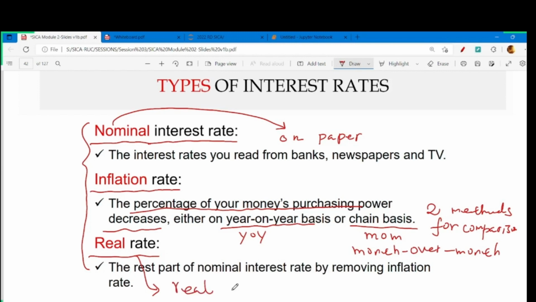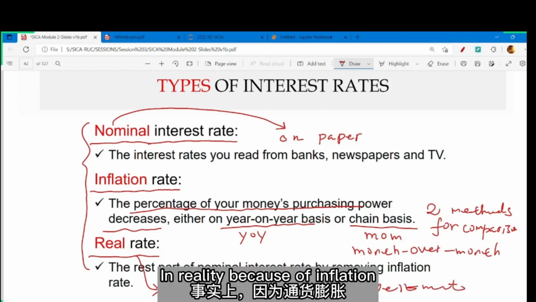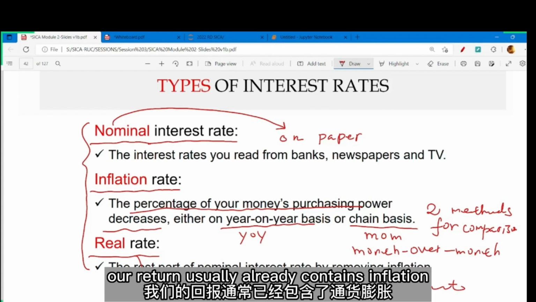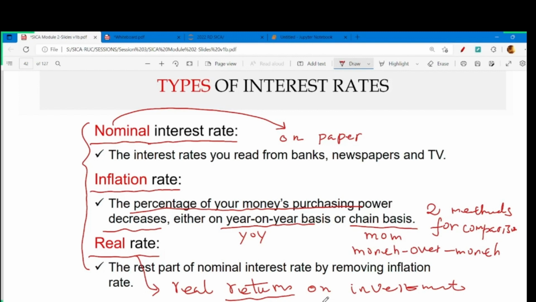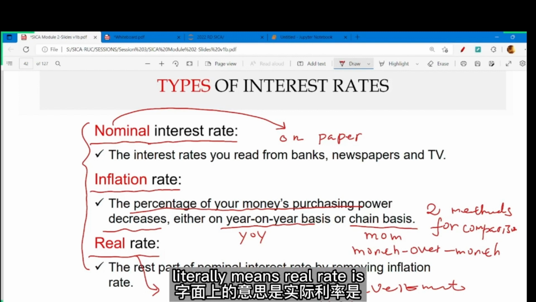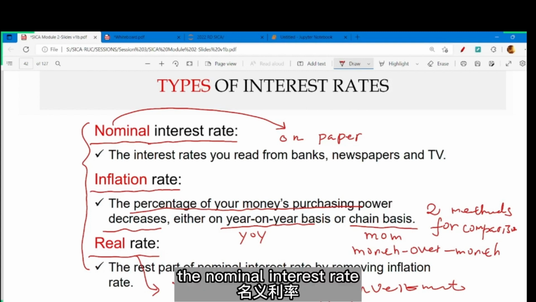Real return on investment. In reality, because of inflation, our return usually already contains inflation. So, literally, real rate is the nominal interest rate net of inflation.